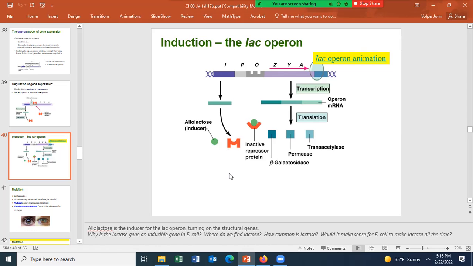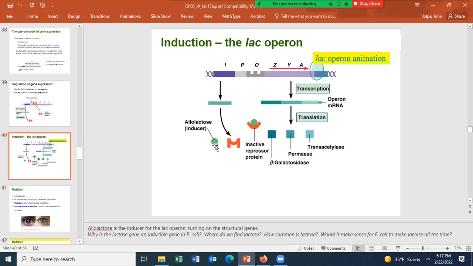So lactose is, I don't know if it's the left hand isomer and allolactose is the right hand isomer, or maybe I've got them reversed, it doesn't matter. The point is allolactose is an isomer of the sugar lactose. And whenever you have the sugar lactose around, you'll have allolactose around.